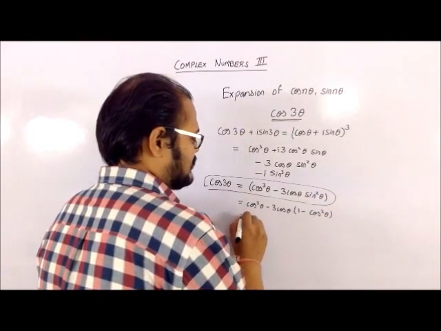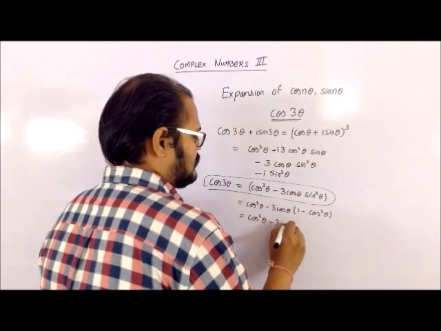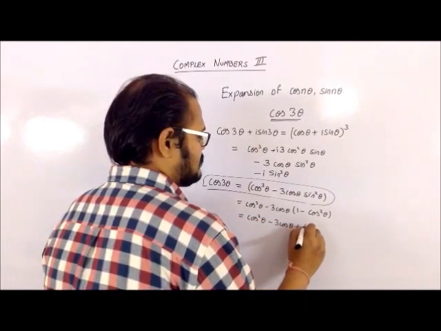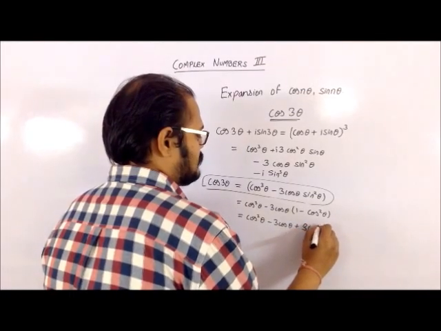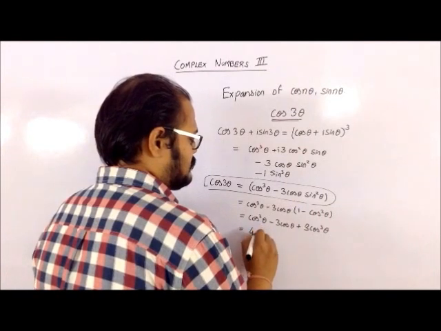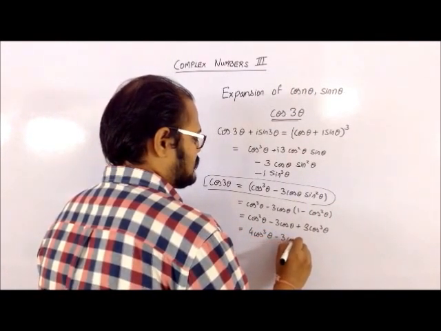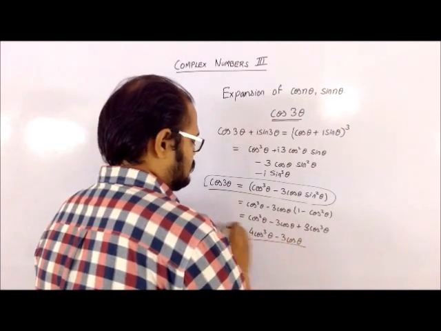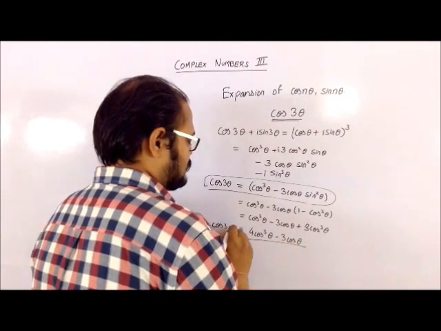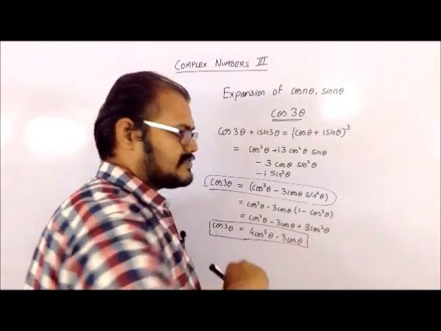If you open the bracket, you will get cos cube theta minus 3 cos theta plus 3 cos cube theta, which gets me 4 cos cube theta minus 3 cos theta. So I am getting my cos 3 theta in terms of cos theta and powers of cos theta.